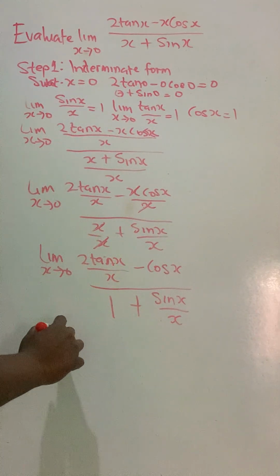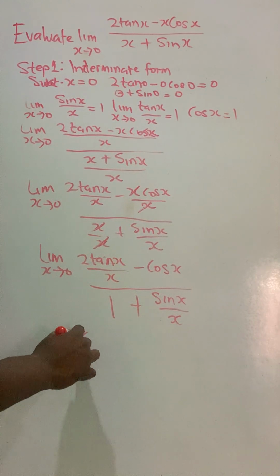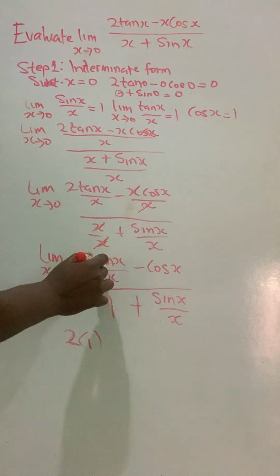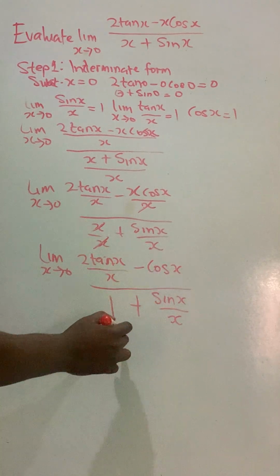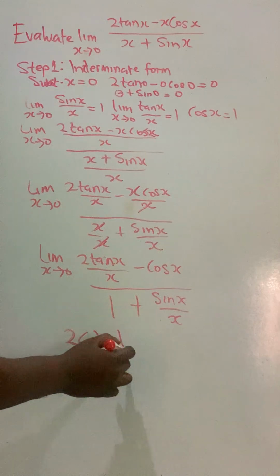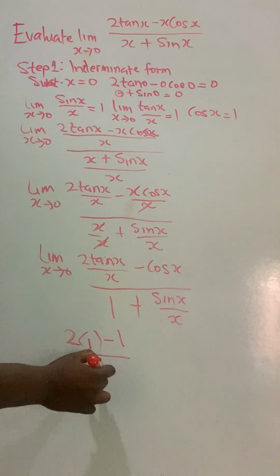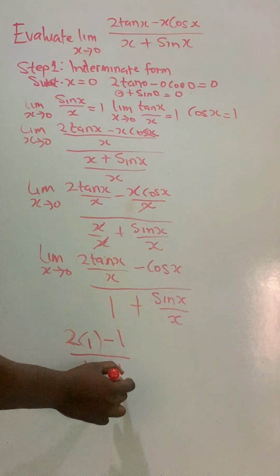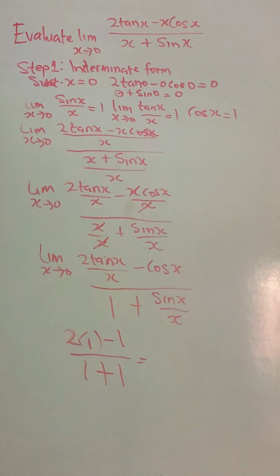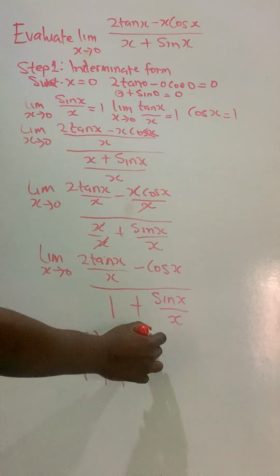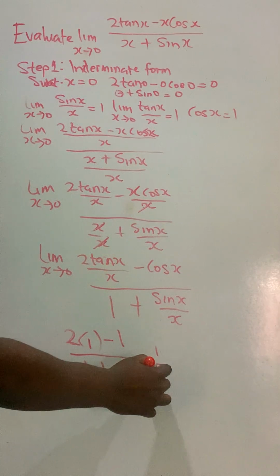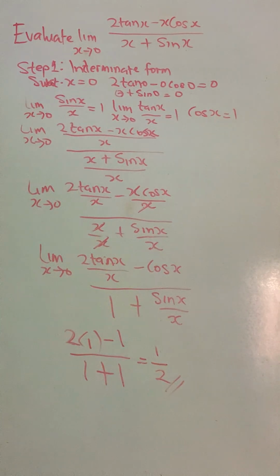We'll have 2 times 1 minus 1 over 1 plus 1. So this gives us 2 times 1 is 2, minus 1 we have 1, then 1 plus 1 is 2. So our answer to this question is 1 over 2.